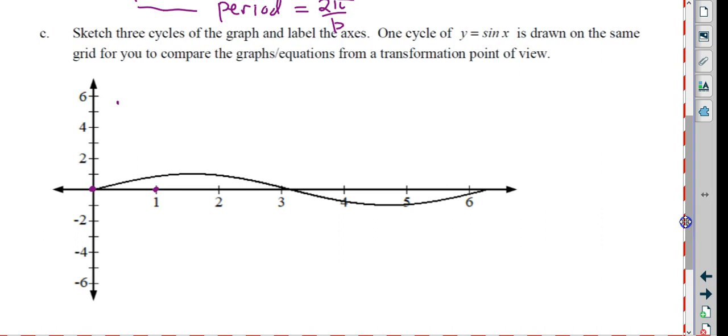In the next half second, it's going to go to the minimum. And in the next half second, it's going to go to the midline. And then it's going to go to the max, and then to the mid, and then to the min, and then to the mid, and then to the max, and then to the mid.